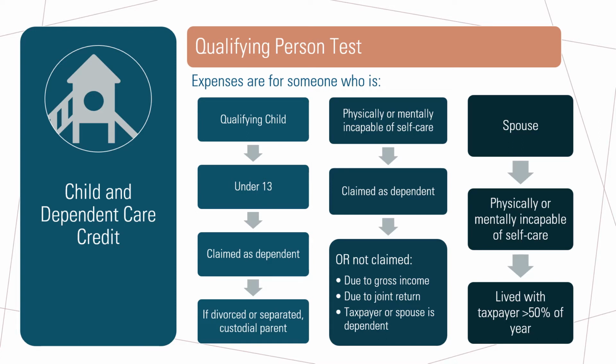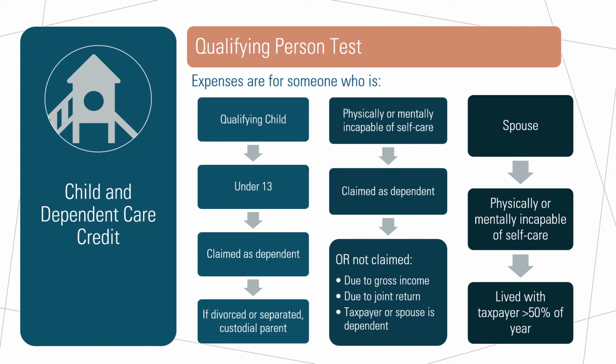The second set of people who qualify as a person for this test are people who are physically or mentally incapable of self-care. Again, they would be claimed as a dependent. And if they are not claimed as a dependent, the only reason why they were not claimed was due to the gross income.